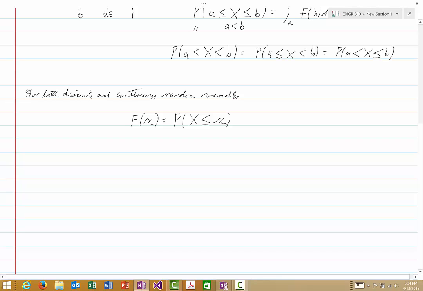That's true for both discrete and continuous random variables.